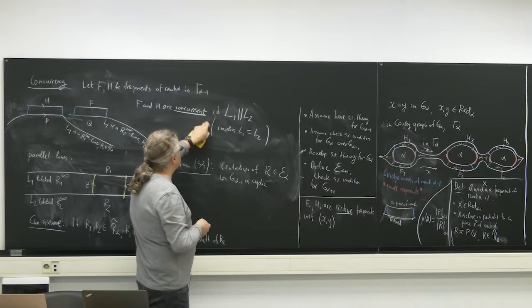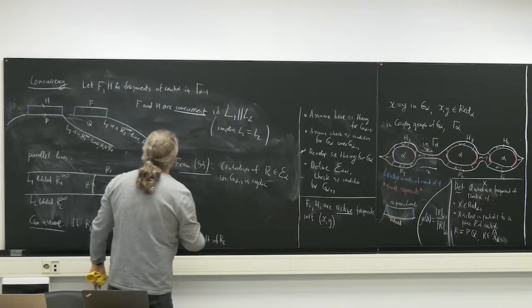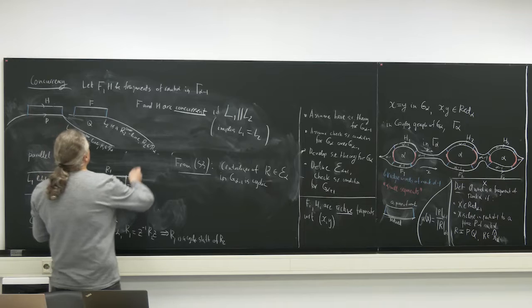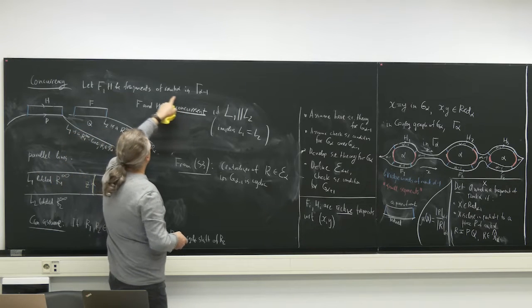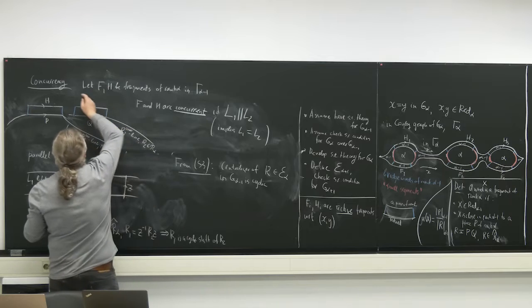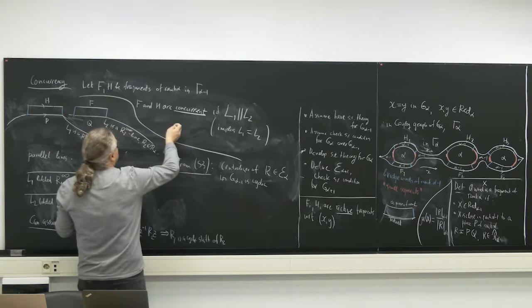Fragments are called concurrent if the baselines just coincide. Okay, so that's another picture, but we can consider fragments not in gamma alpha minus 1, but we can consider concurrency in gamma alpha.